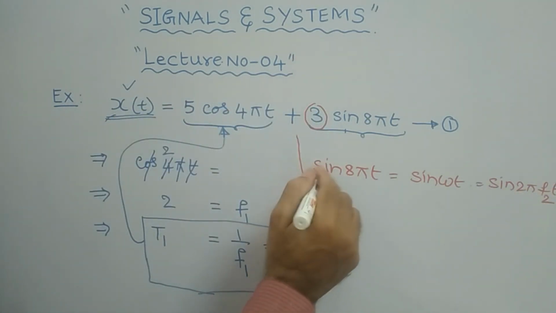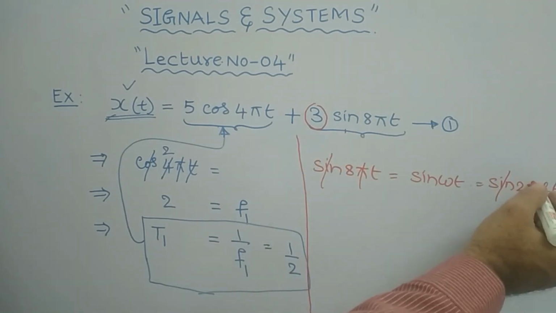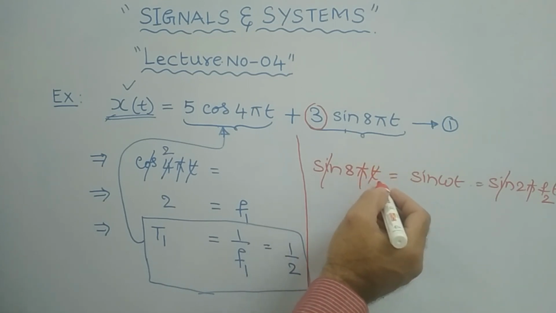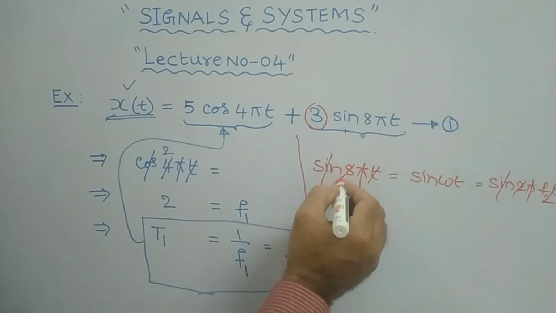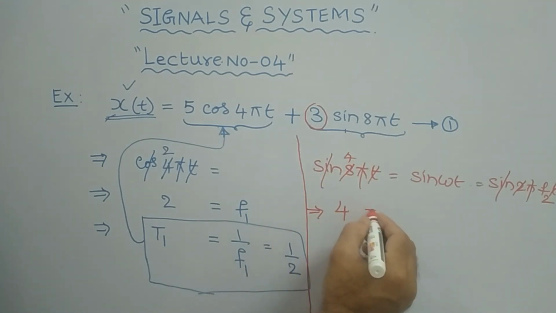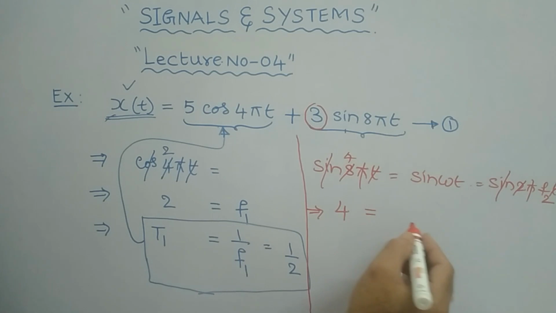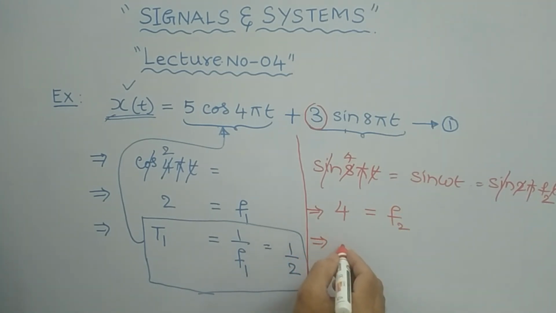Then the sine cancels out, pi also cancels, t also cancels, and 2 times f2 is 8 pi, so 4 is equal to f2.